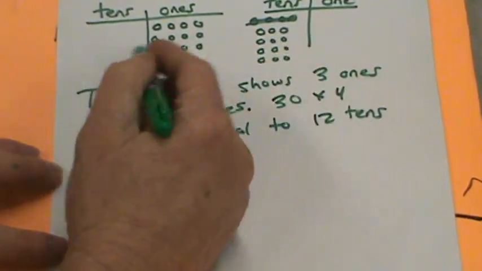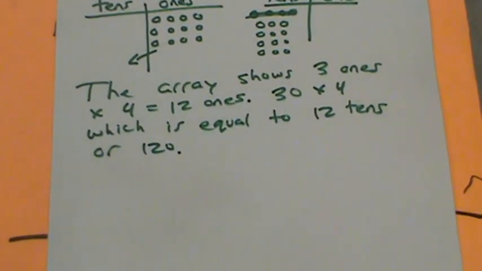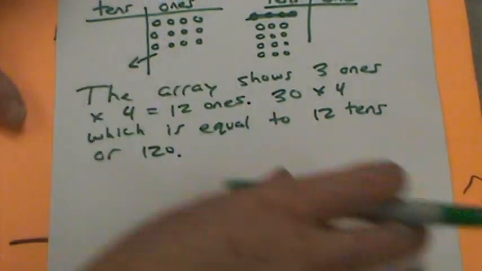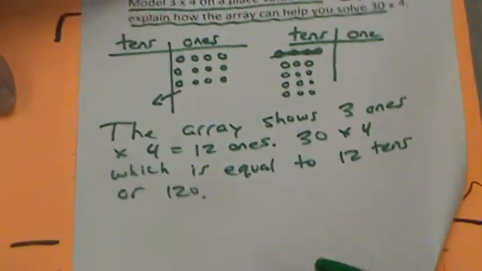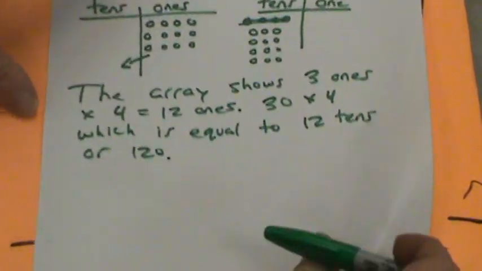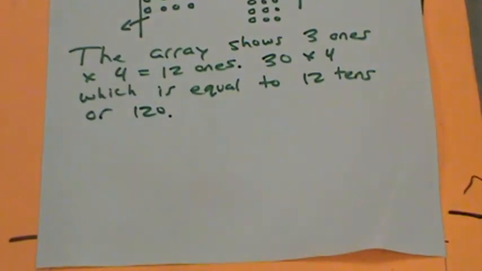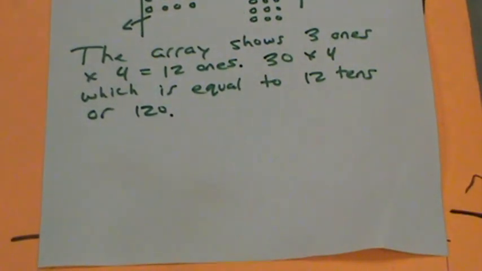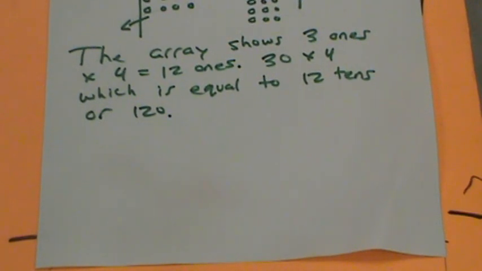So you see, we just move them over 1 when we multiply by a 10, because our 3 up here became 30. All right, so go ahead and copy that down so you get a better understanding of all this. Go ahead and pause if need be.